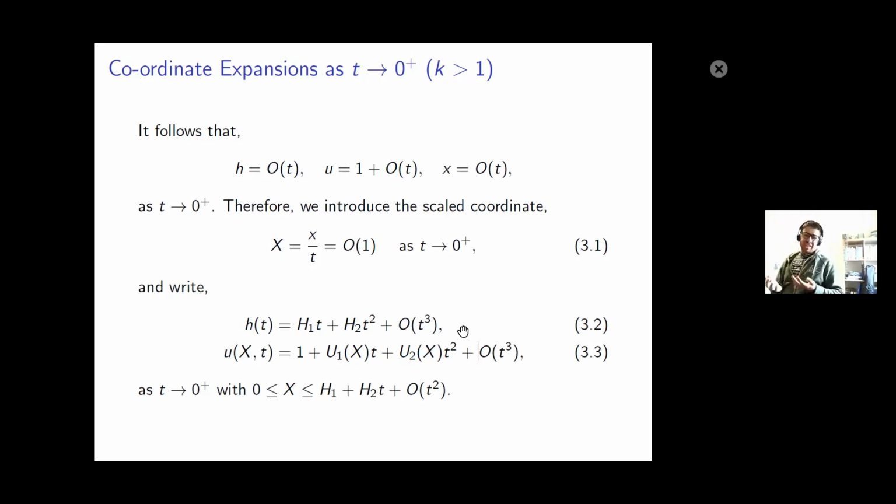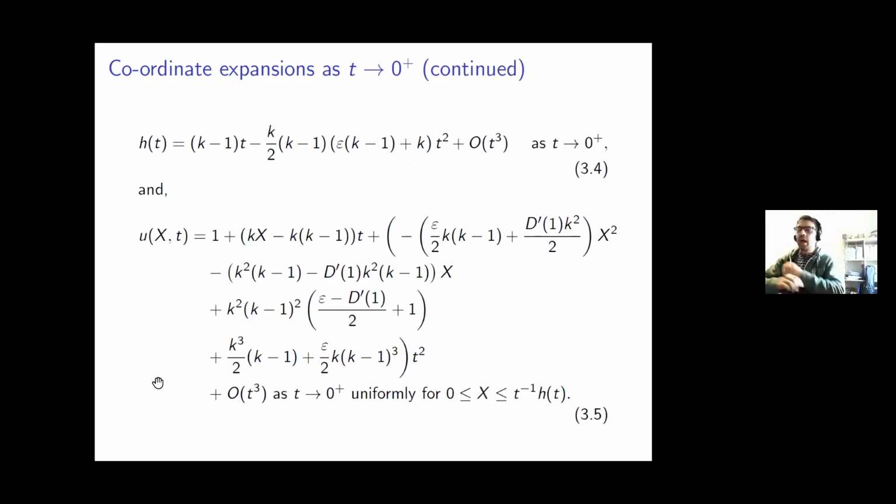Well, if we substitute these into our initial boundary value problem, actually all we need to do is then match the terms of various orders. And this gives us a representation for h and u.